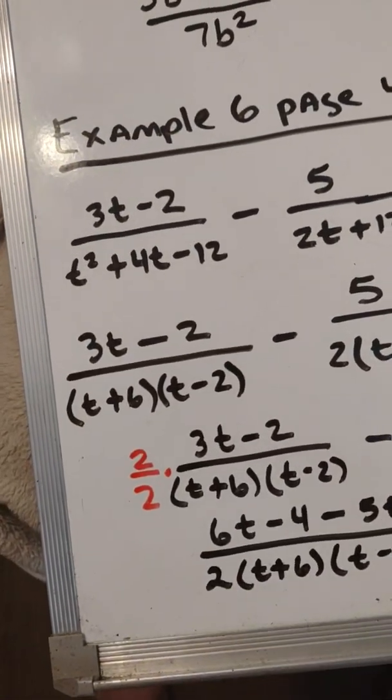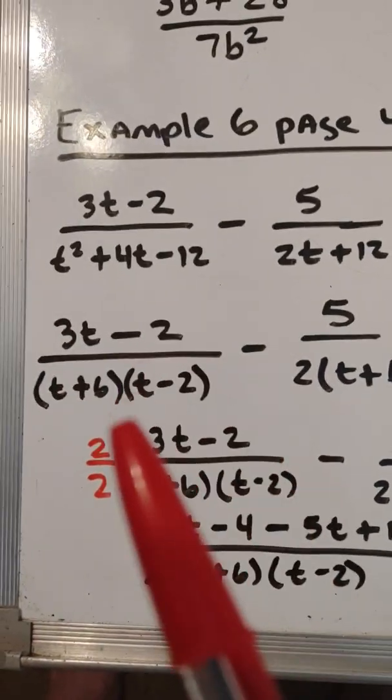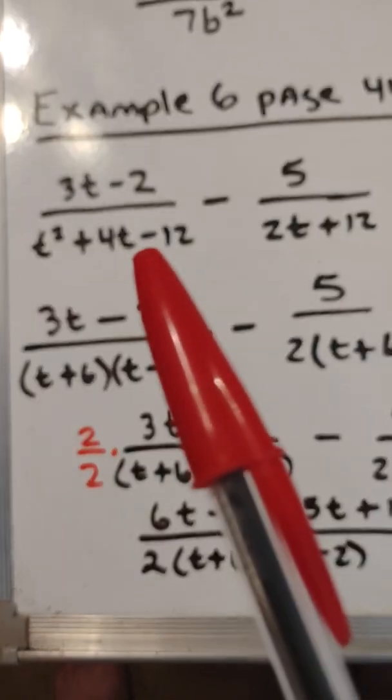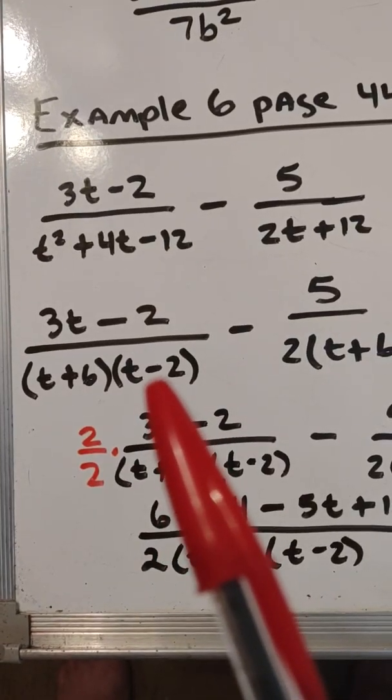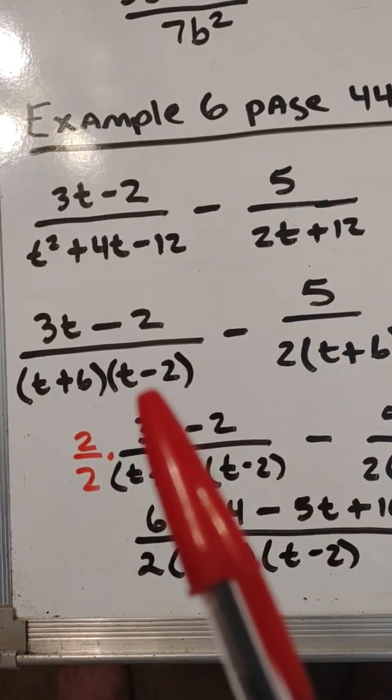Because it's a trinomial, we can factor this by doing 6 and minus 2. Because the last term's a minus, we have opposite signs in our parentheses, and it becomes t plus 6 times t minus 2.